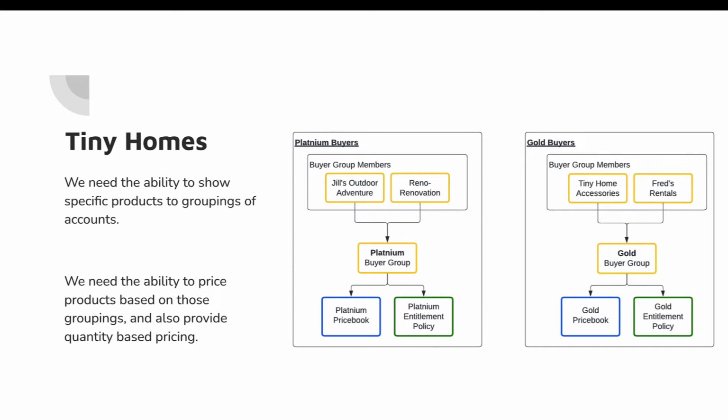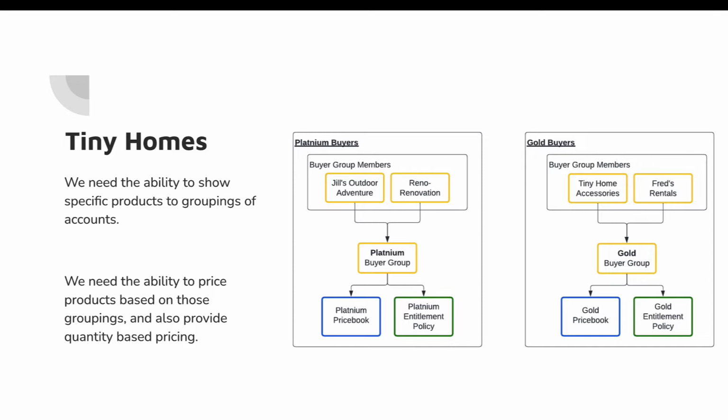And on the right-hand side, you can see that we've done a little bit of work to set up what this actually will look like in Salesforce. So at this time, we're going to set up two different tiers. One's a platinum tier and one's a gold tier. The platinum tier for today will have 2 members, and the gold will have 2 members. You can see the names inside of the buyer group members. And then you can see that each one of them has their own price book and entitlement policy.